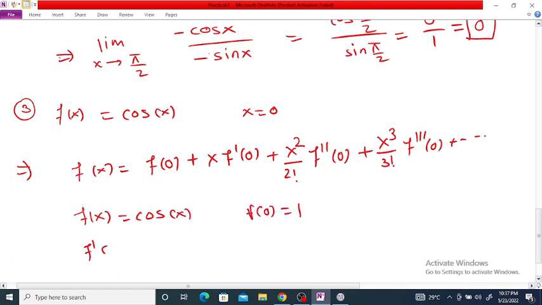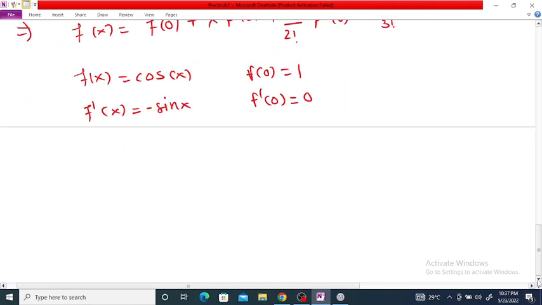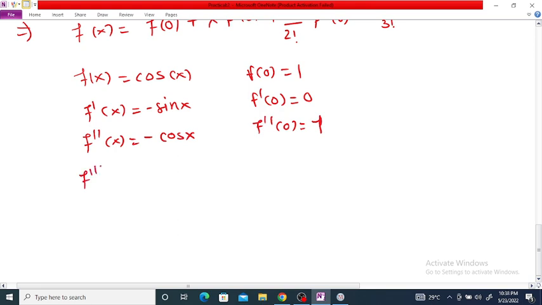f dash x is equal to minus sin x and f dash 0 is equal to 0. Then f double dash x is equal to minus cos x and f double dash 0 is equal to minus 1. f triple dash x is equal to sin x and f triple dash 0 is equal to 0.